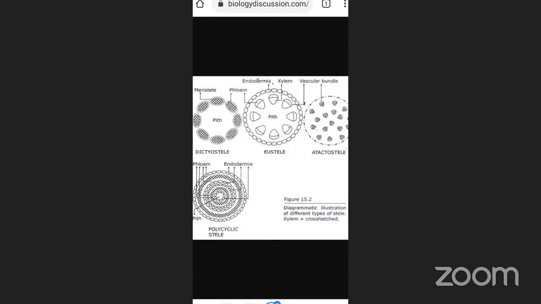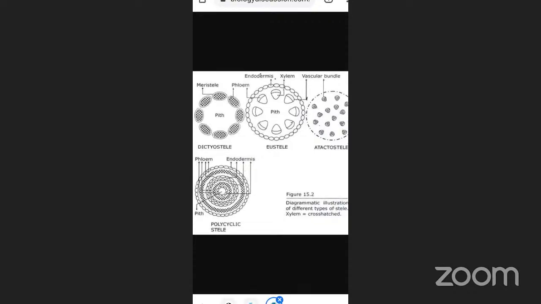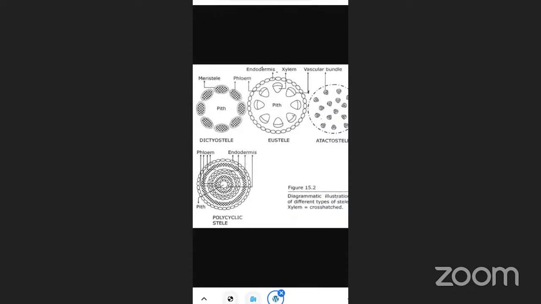This is the result of further complication of the stele, where several leaf gaps overlap each other. Due to this, the vascular cylinder is much dissected and appears as a cylindrical meshwork with large leaf gaps. A cyclostele with more overlapping leaf gaps is described as a dictyostele.